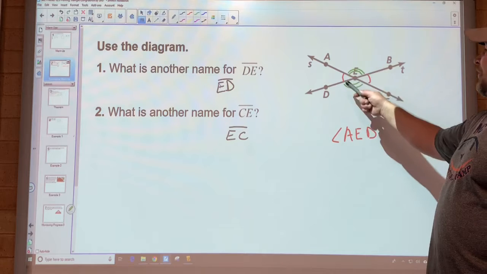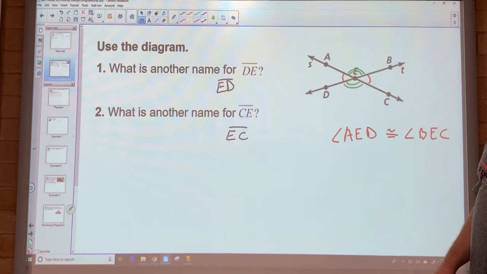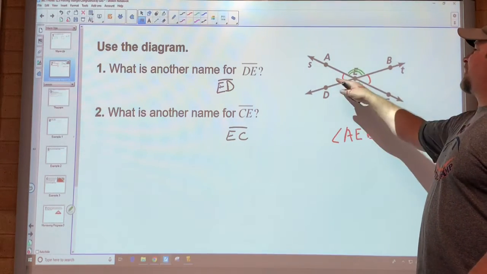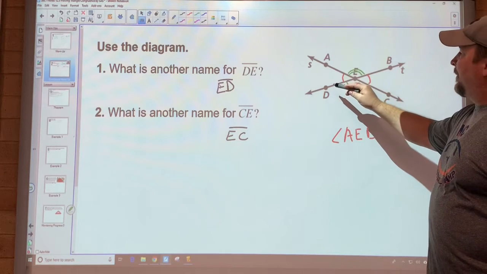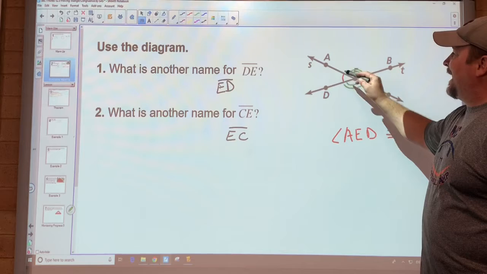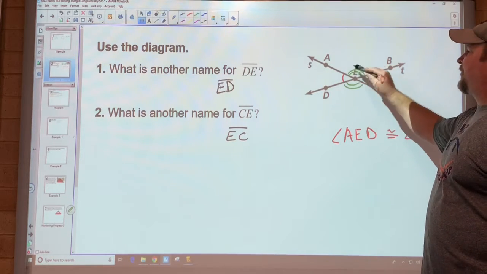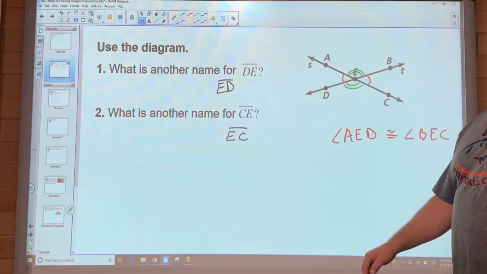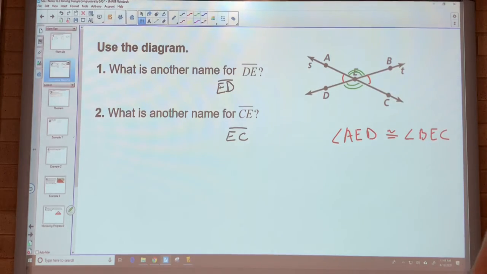So every angle up here would have to have a middle letter of E to describe it. So don't forget about vertical angles. Vertical angles are ones that are across from each other. And also don't forget that angle DEA would be supplementary, 180 degrees, with angle AEB. So we've got lots of things that you could discuss about that one picture.